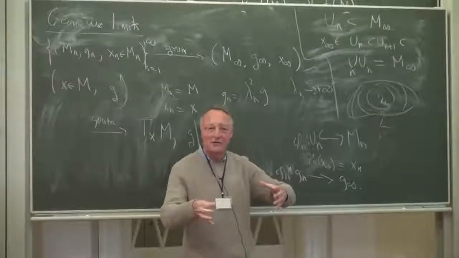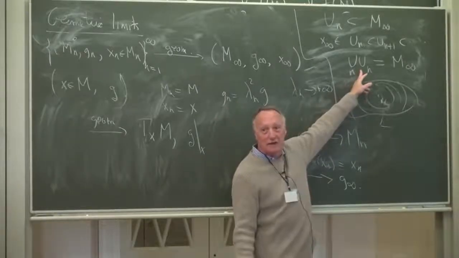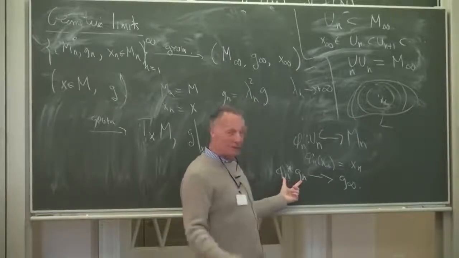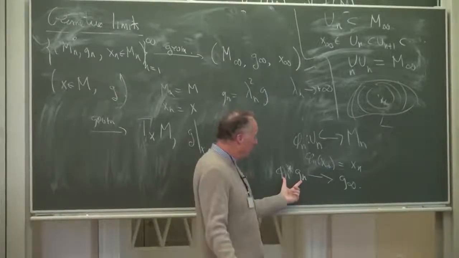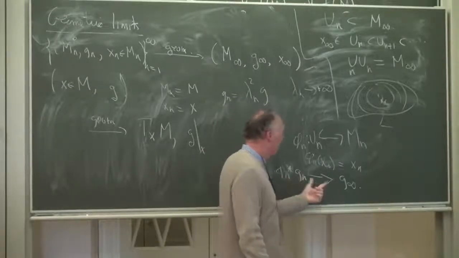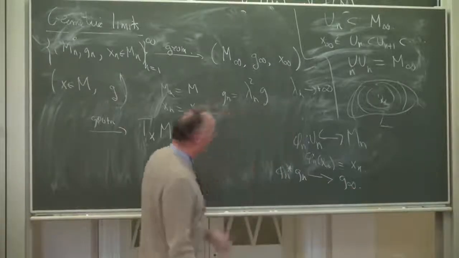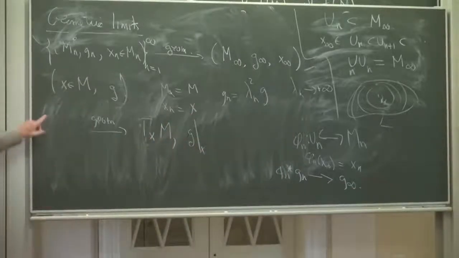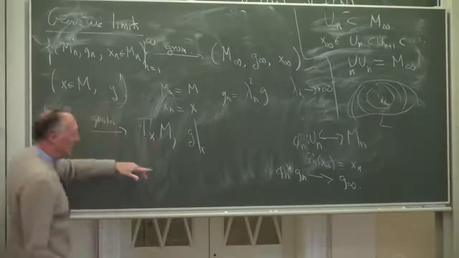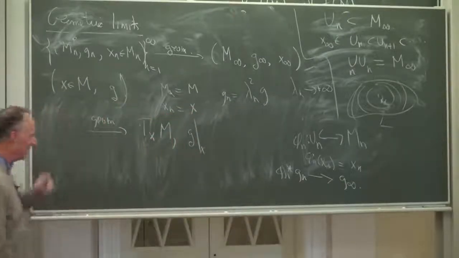If you take any compact set in M infinity, it will eventually be in all these Un, and therefore I can restrict these metrics that are all defined on Un, and therefore on that compact set. And on that compact set, these metrics are converging uniformly to G infinity. Okay? And if you take this definition and you work out this case of blowing up the metric, you can easily prove that these metrics converge to the metric on the tangent space.